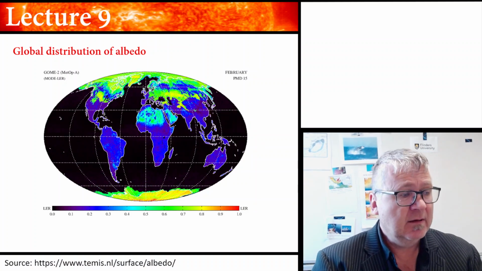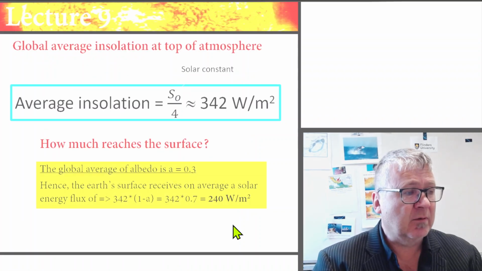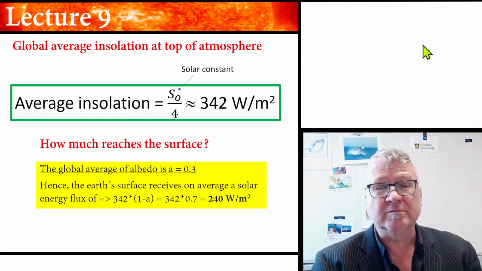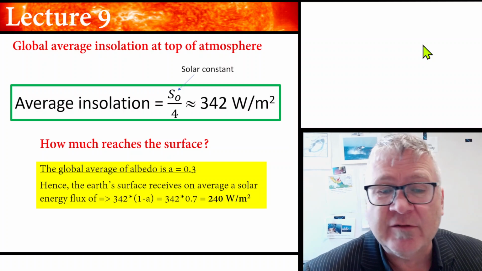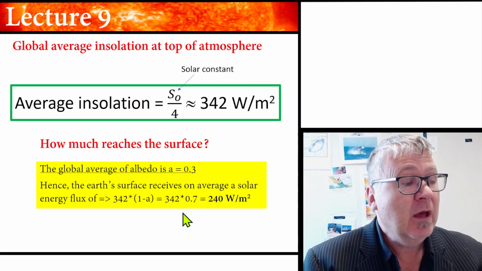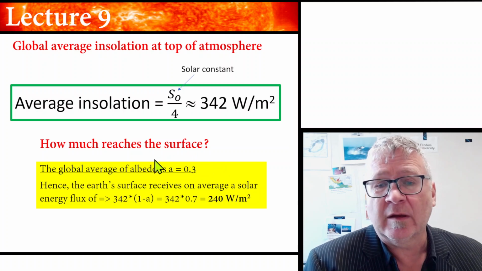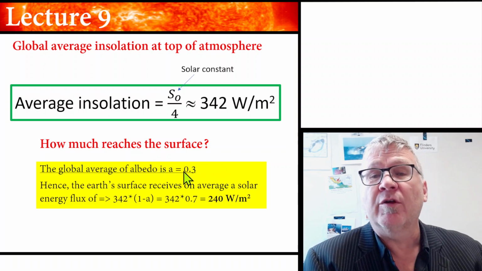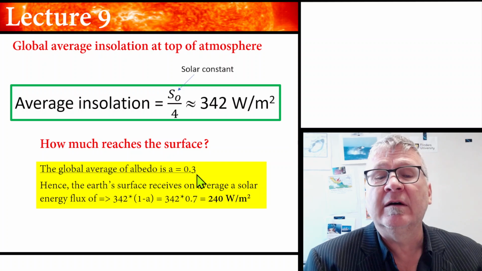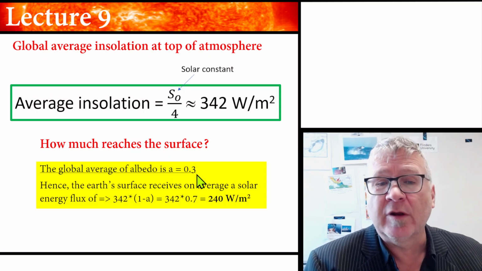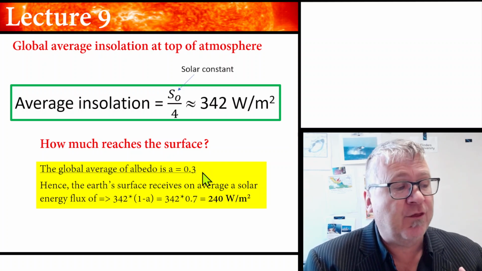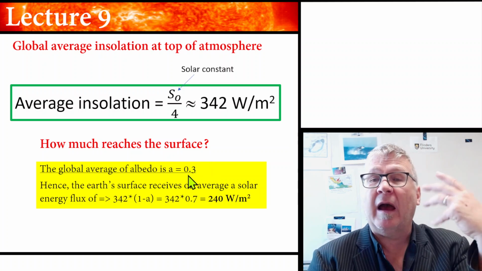We can calculate the average albedo. We can work out it's about 0.3. So on average, 30% of the incoming solar radiation is reflected. Now we answer the question.